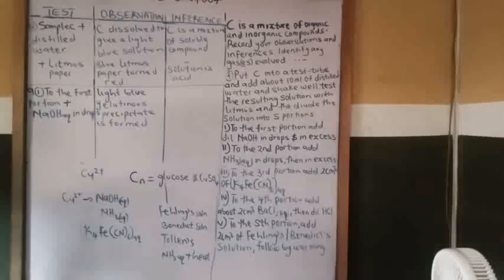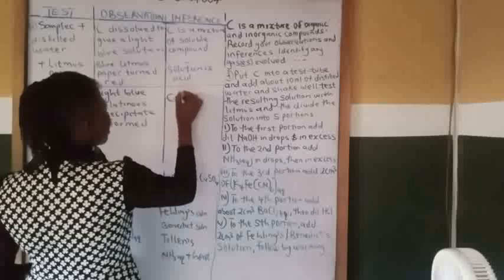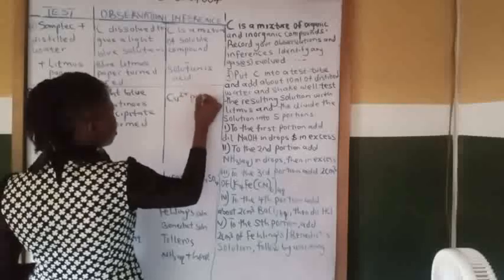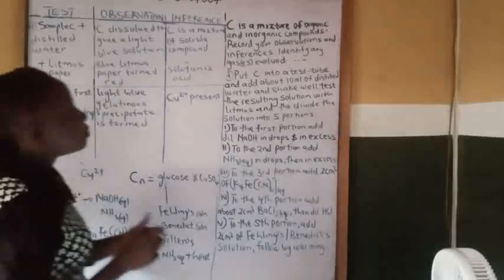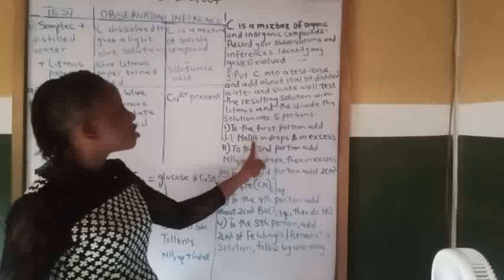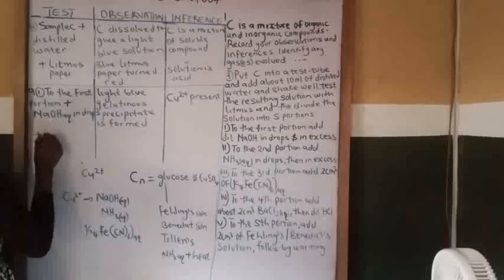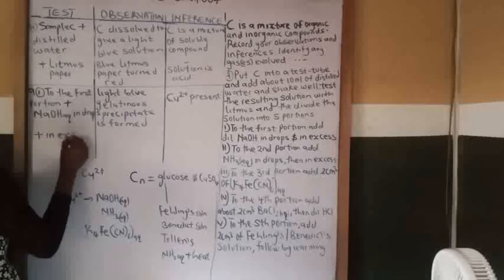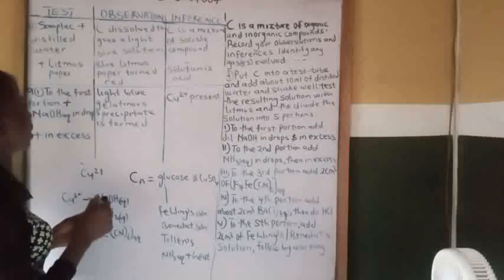Then anything blue is copper. So under our inference now, copper ion present. Then followed by aqueous sodium hydroxide in excess. Then you move to another line. Then plus in excess. Then what will be your observation in excess?